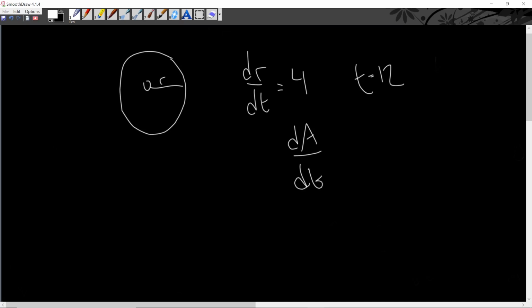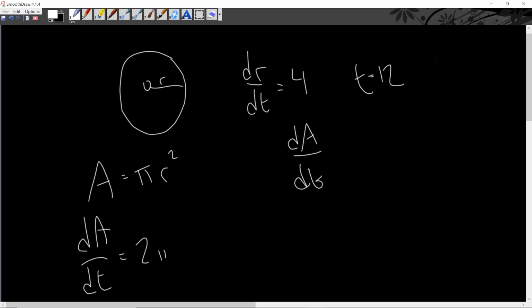So let's do so. We have dr/dt. So if A equals pi r squared, we're trying to find dA/dt, right? So we have to take the derivative d/dt on both sides. So we're going to have pi, we'll have 2 pi r, actually.